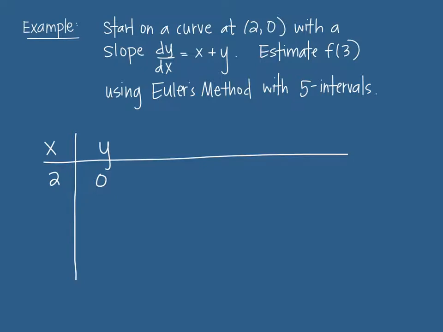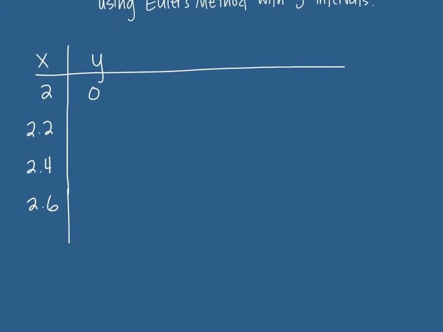Our goal is to get to x equals 3, but we're doing it in 5 subintervals. How long is each subinterval? 0.2, right? So we will be moving to 2.2, then 2.4, then 2.6, then 2.8, and then we'll ultimately stop at 3.